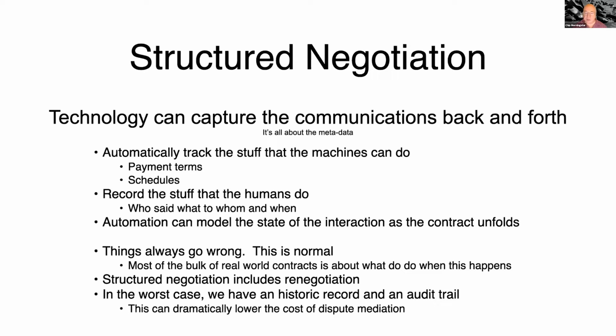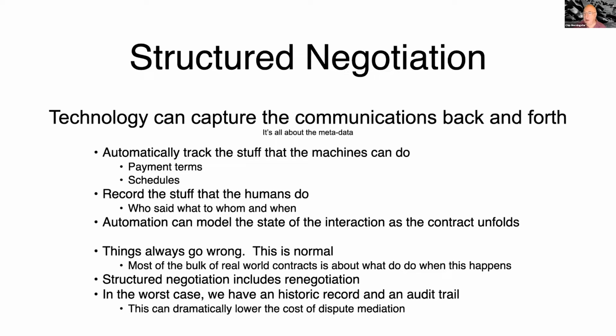And of course, because this is the real world, things can always go wrong. And so this sort of structured workflow has to have provision for dealing with exception conditions and what happens when things don't go as expected, because that's fairly common.